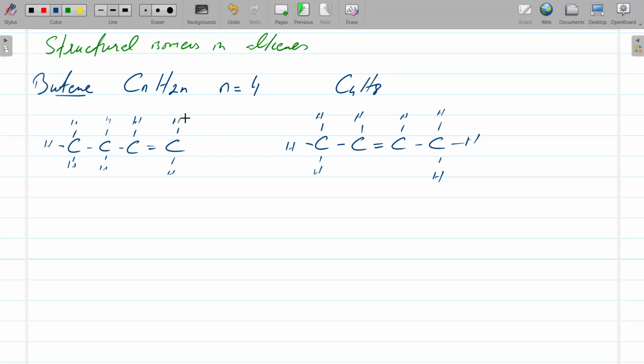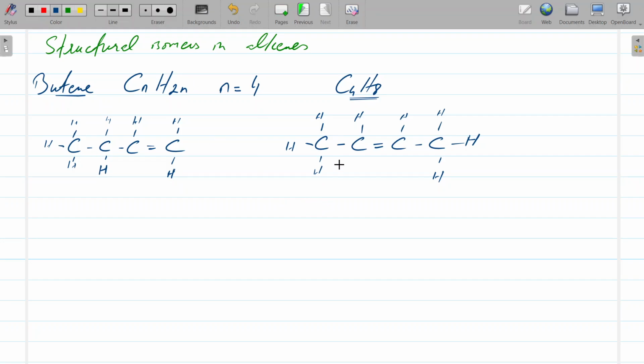Yes, they are the same. We count the carbons and the hydrogens. Carbons are the same, and hydrogens? Right, they're both C4H8. If you want details about the molecular structure, the molecular formula is not going to tell you much. Both of these are C4H8.